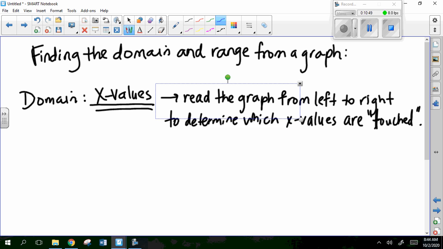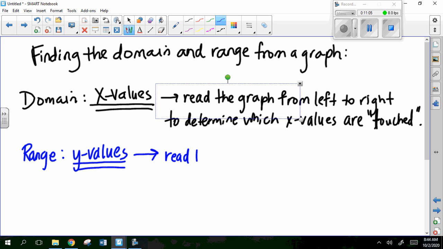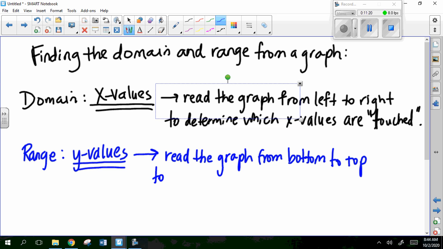All right, and then the range, well, those are still the y values. So to get the y values off of a graph, you're just going to read the graph from bottom to top, to determine which y values have been touched.